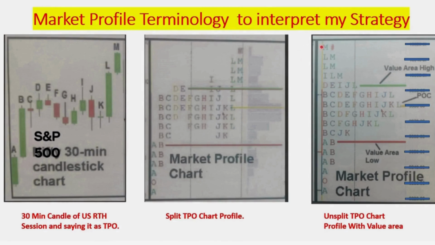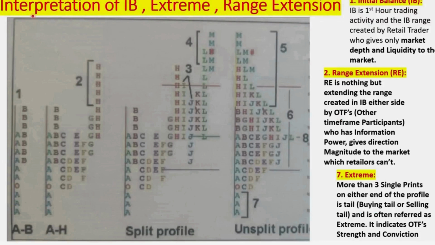From this unsplit profile, we can identify key levels: the day's high and low, the value area low and high, and the point of control, which is the price level where the most volume occurred. And we also consider three main interpretations: the initial balance, the range extensions, and the extremes.